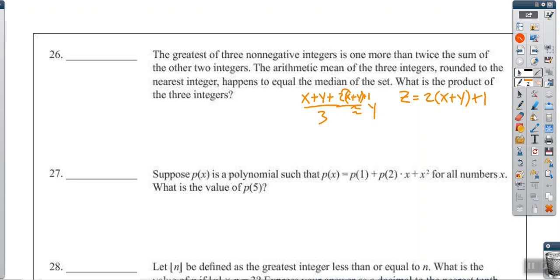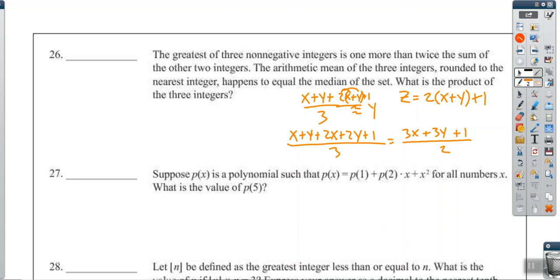All right, well, 2 times x, 2 times y, so I get x plus y plus 2x plus 2y plus 1, all over 3. Well, look at this. I have, as luck would have it, 3 x's and 3 y's, and I have this one thing left over.